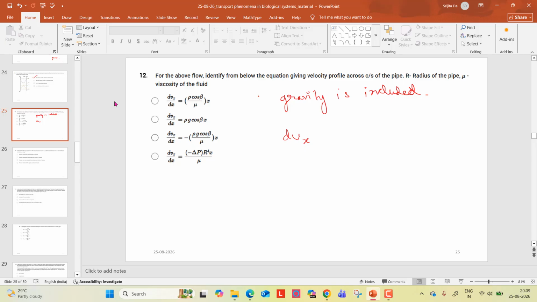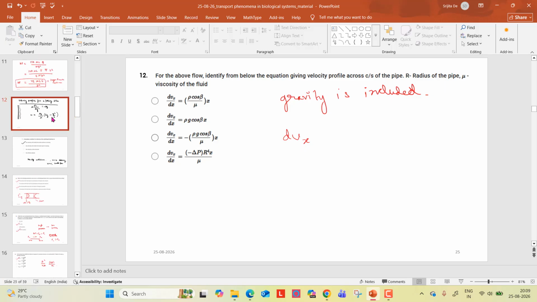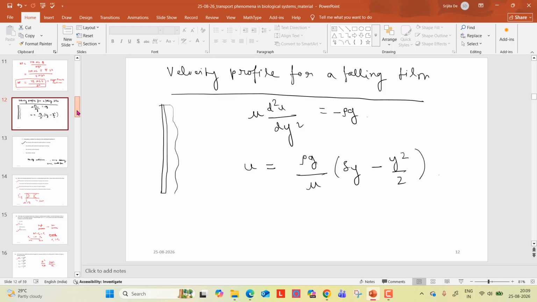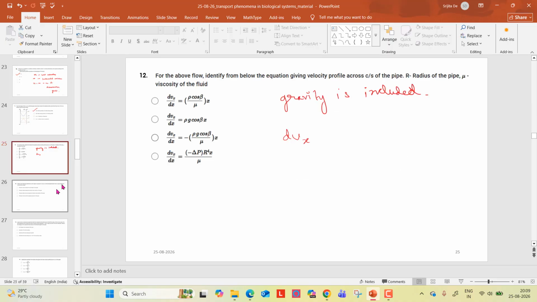So for the film also I have given the equation. This equation here. So U is this, right? For the falling film also you can do, and you can change it for this. For the falling film, U is rho G by mu into delta Y minus Y square by 2, right?